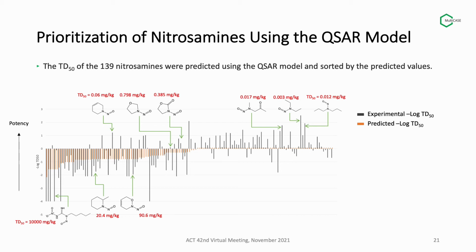There is also an indication that the features around the nitrosamine truly have something to do with their carcinogenic potency, and there is a quantitative correspondence between these two things. This is the summary of the prediction of the training set nitrosamines using the QSAR model that I showed one slide away.